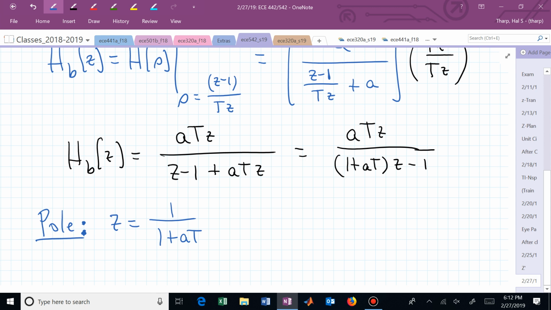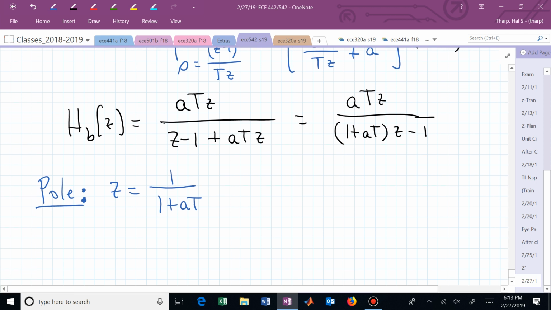Capital T is our sampling period. AT is probably going to be a small number. We add it to 1. That gives us something bigger than 1, which we're dividing into 1. We now have some value a little bit less than 1. Again, it's inside the unit circle, but it's not in the same location as our forward rule was. Our pole is a little different. This is a slightly different numerical integration approximation strategy.